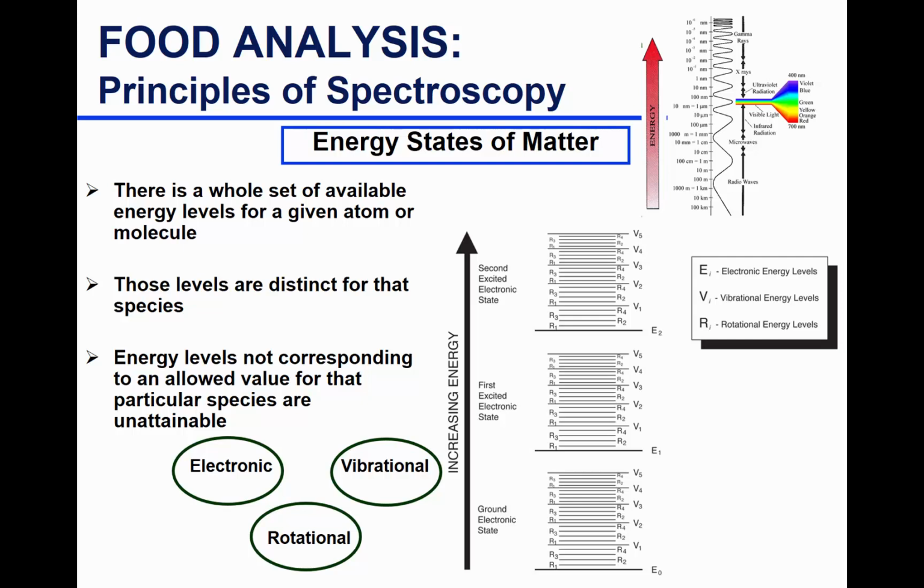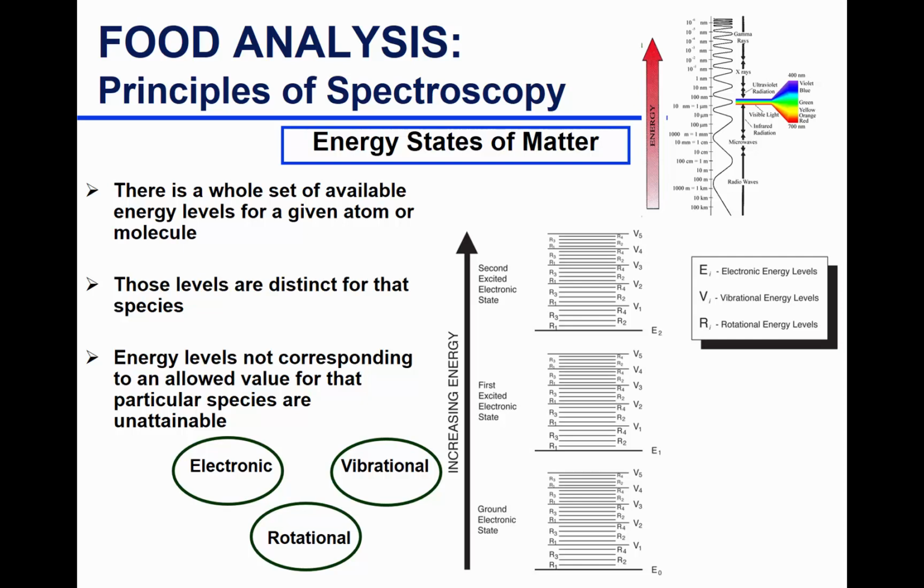This is really important to know: the energy within this level and this level is unique for each molecule or atom. If the photon that hits the atom or the molecule does not carry the energy equivalent to these steps, to these levels, then there is no absorption.